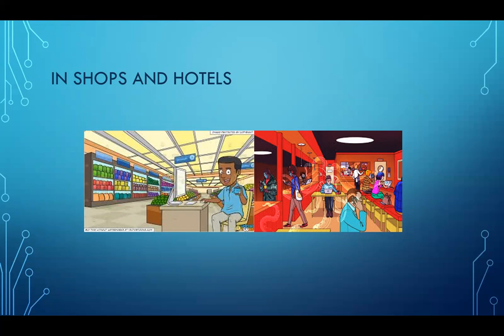So computer is used in shops to maintain and record the stocks and all prices and money. And in hotels, computer is also used for maintaining bills and for reservations of rooms, and all the stuff they do on computer.